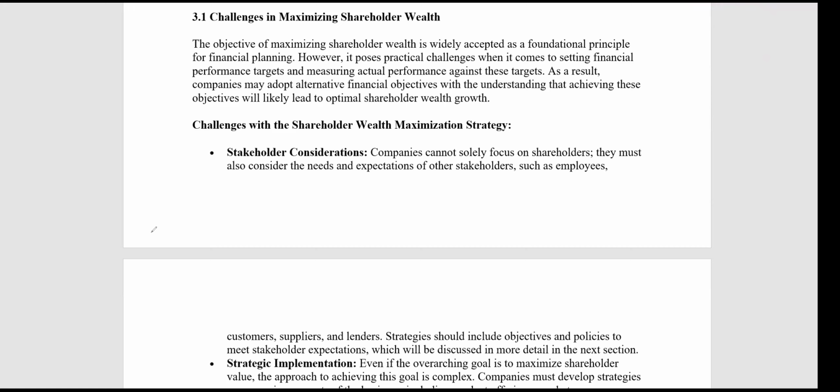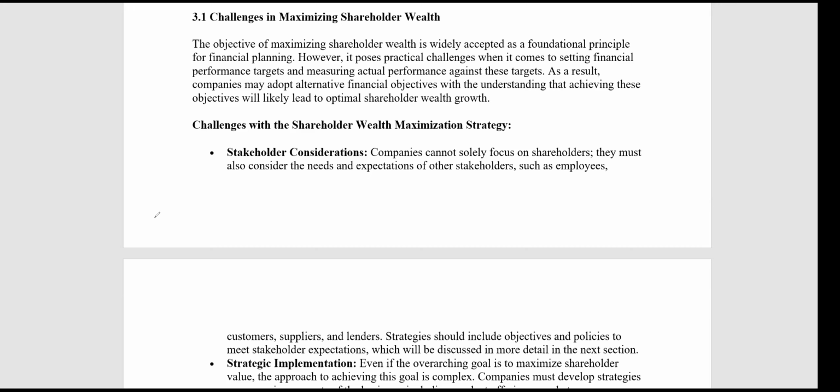The objective of maximizing shareholder wealth is widely accepted as a foundational principle for financial planning. However, it possesses practical challenges when it comes to setting financial performance targets and measuring actual performance against these targets. As a result, companies may adopt alternative financial objectives with the understanding that achieving these objectives would likely lead to optimal shareholder wealth growth.